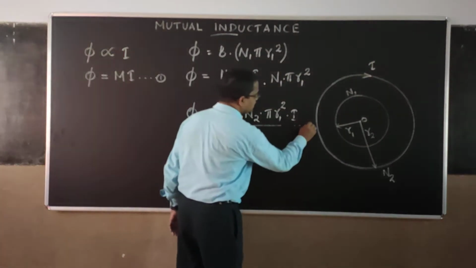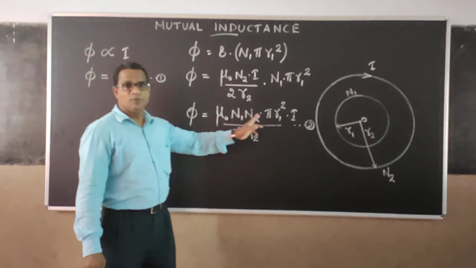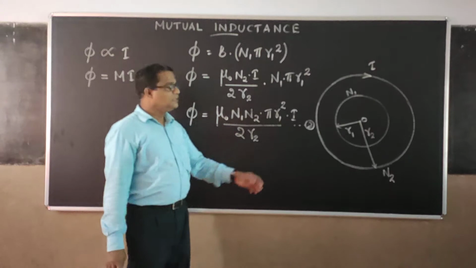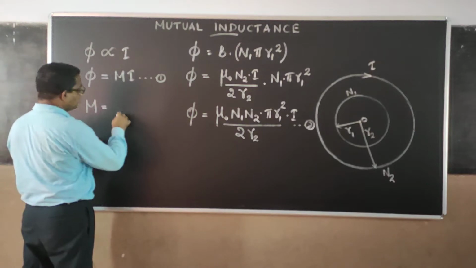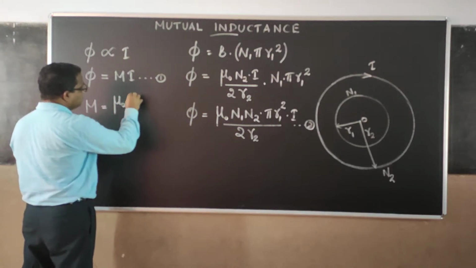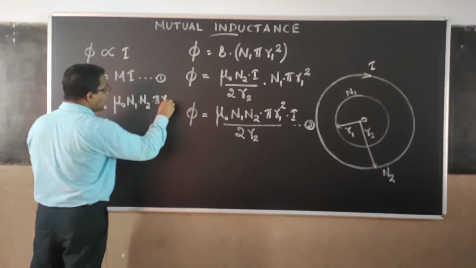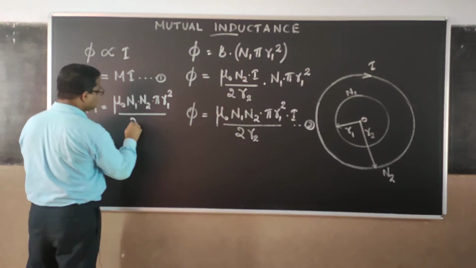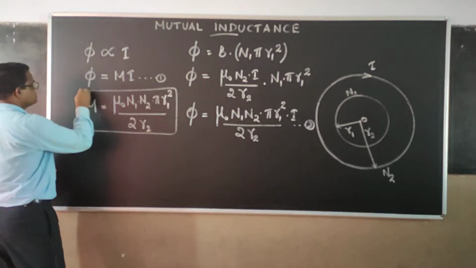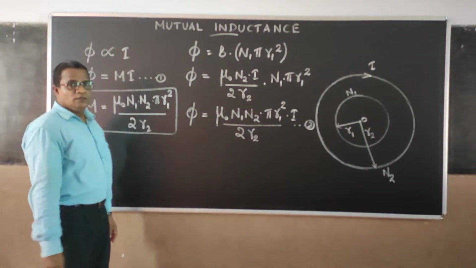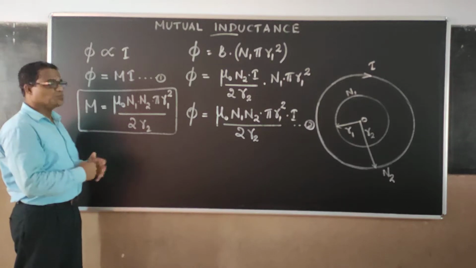So this is equation number 2. When you compare equation 1 and equation 2, we can see that the mutual inductance M will be equal to mu 0 N1 into N2 into pi R1 square divided by 2 R2. So, the mutual inductance of the pair of coils depends on the factors you can see from this.